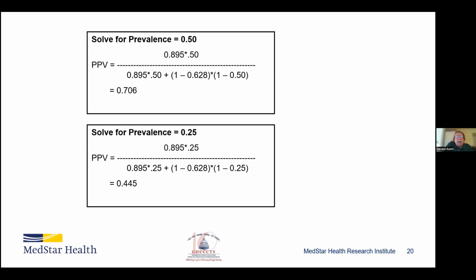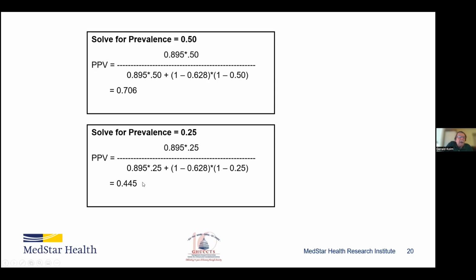If we apply it to a population where the prevalence of the disease or the presence of abnormality is only 25%, then if we calculate our positive predictive value, we can see that it really decreases because the prevalence is quite low.